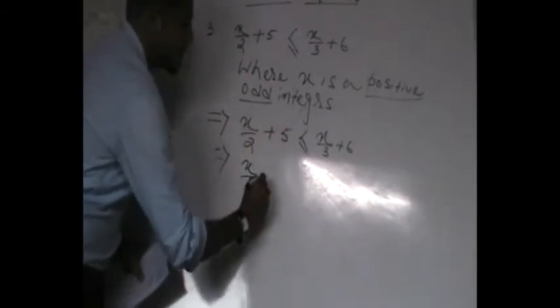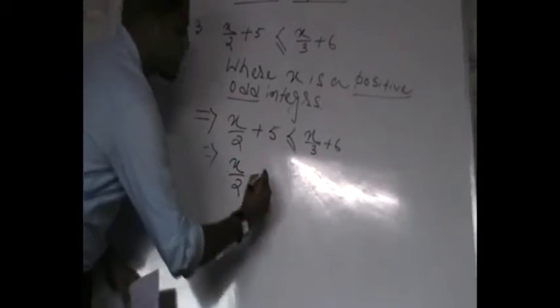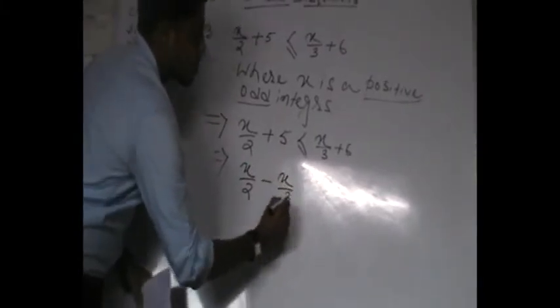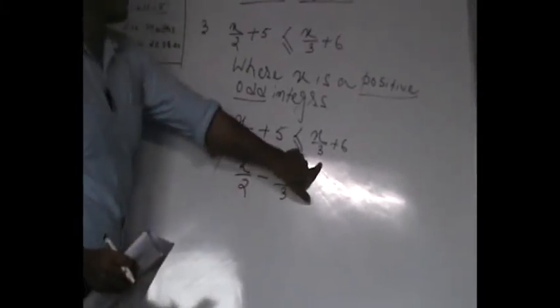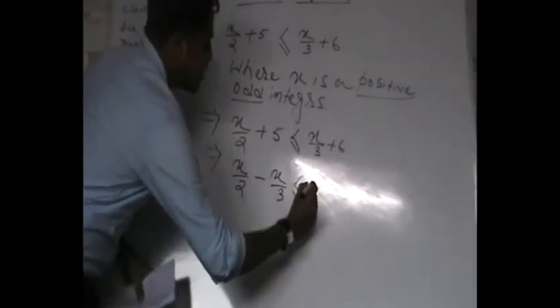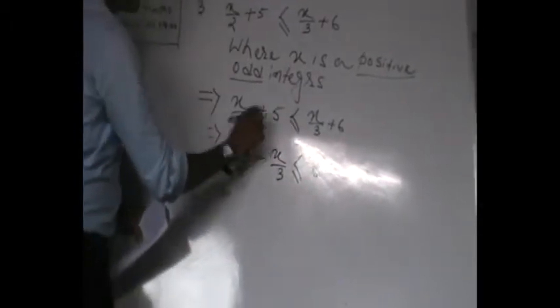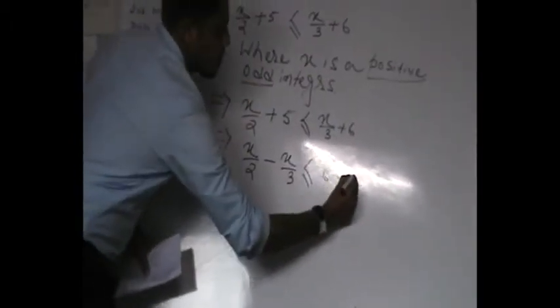As it is, write x by 2, and now this plus x by 3 is now minus x by 3, because we change its side from right hand side to left hand side. Next, less than equal 6 as it is here, and now this plus 5 is now minus 5, same reason, because of changing this side from left hand side to right hand side.